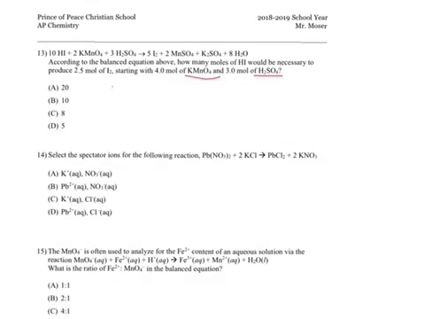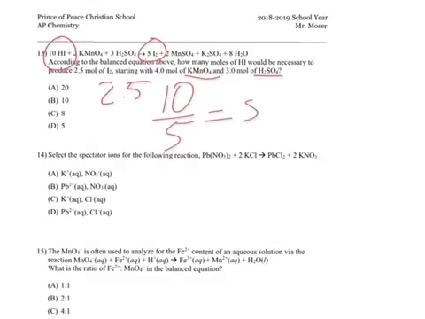2.5 times 5, or times 10 over 5, which is our ratio of HI to I2, is going to end up giving us 5 moles of hydroiodic acid.